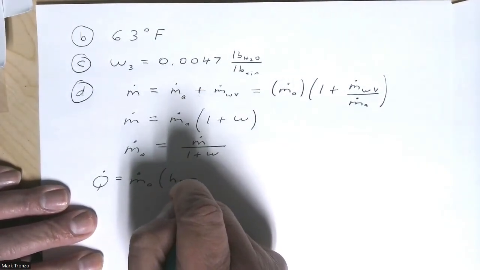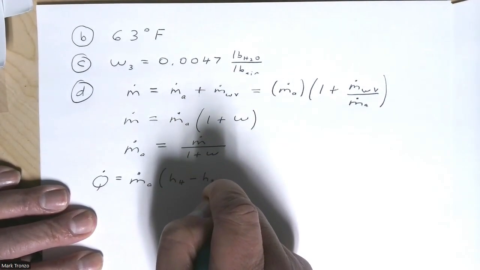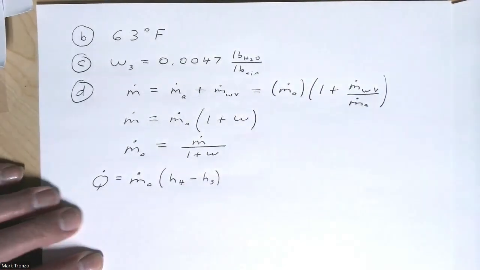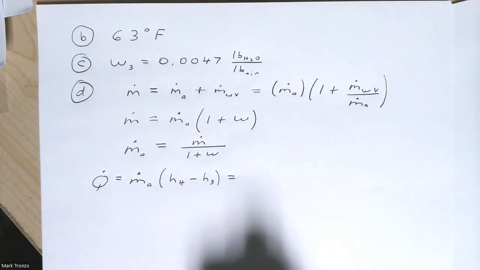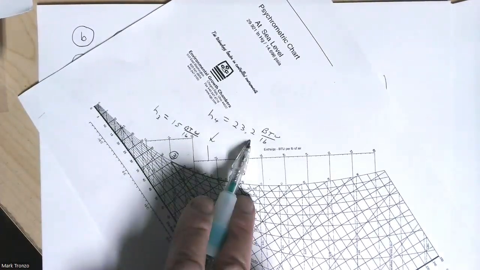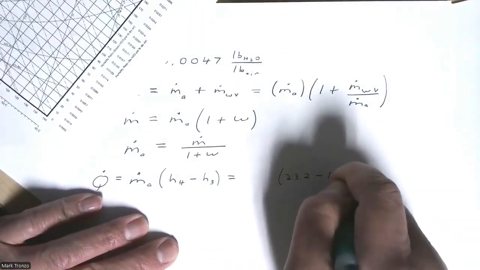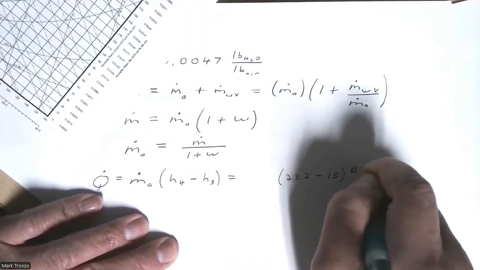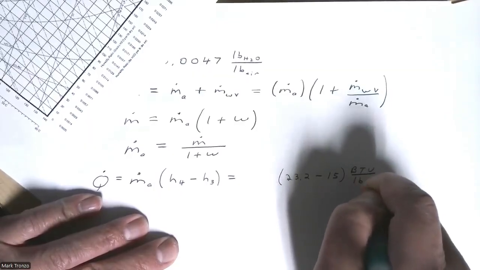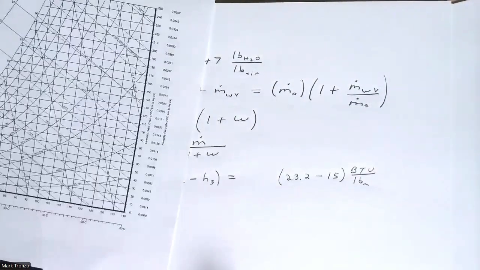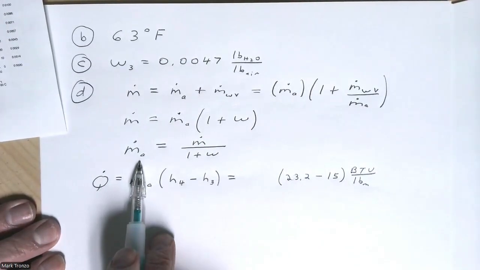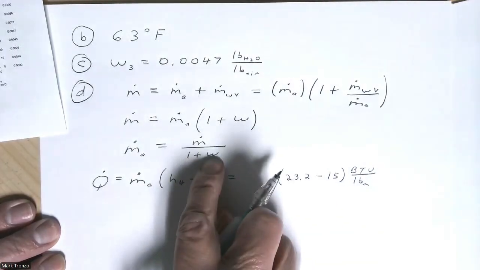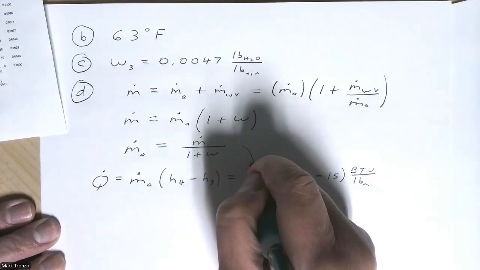H4 minus H3. I called the final state H4, and when the heating began was H3. And we just found those on the chart here, 15 and 23.2. That's BTUs per pound mass. And we're going to replace the mass flow rate of the air with this. And so we're putting that in here.